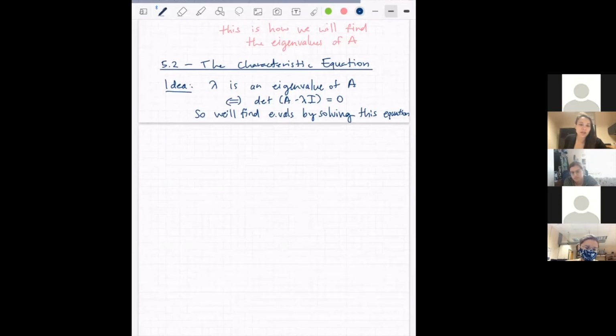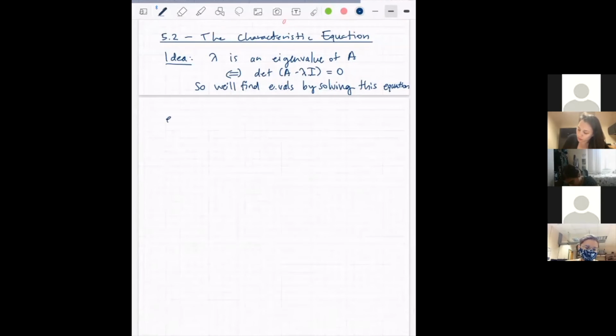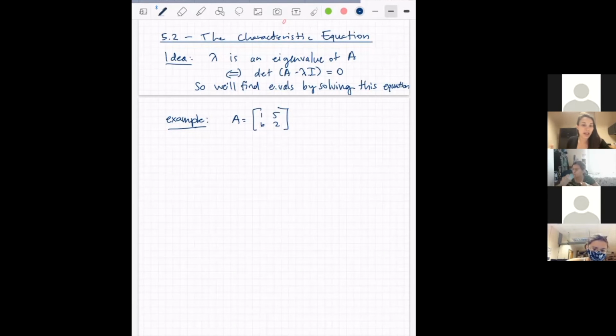Okay, and so it'll be a little bit easier to see this by looking at an example. So let's look at a relatively simple 2x2 example. Say we have the matrix 1, 5, 6, 2, and we want to find the eigenvalues of this matrix. So we will look at A minus lambda I. Let's compute that first.